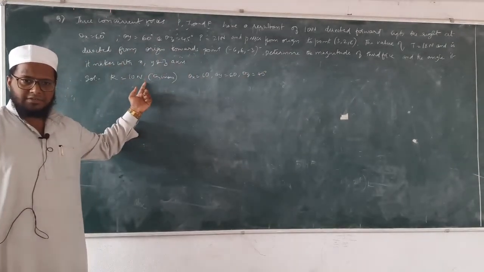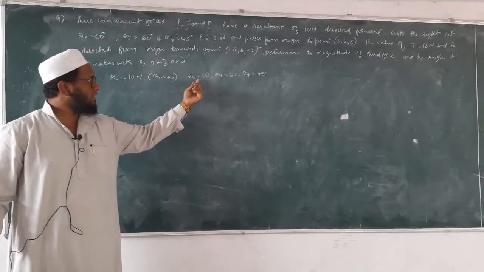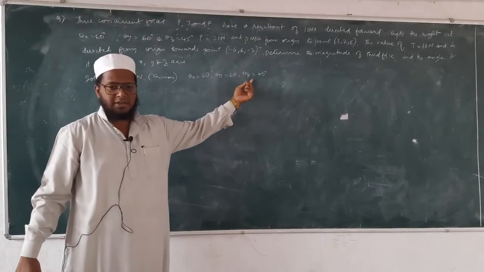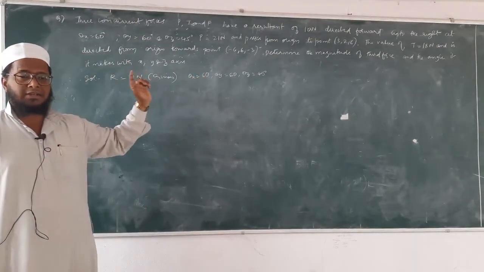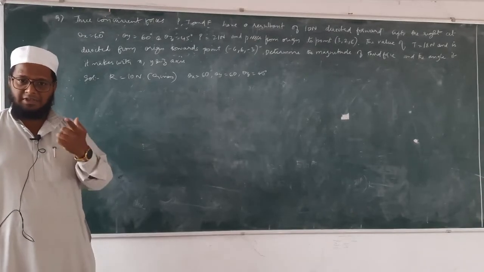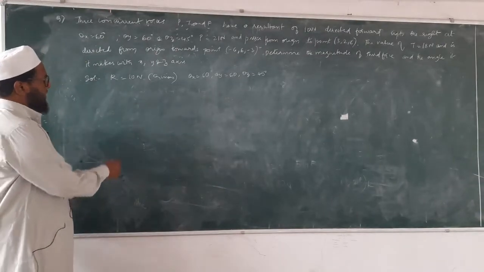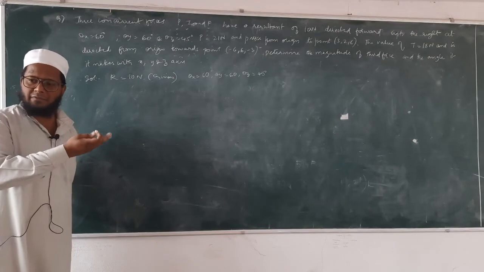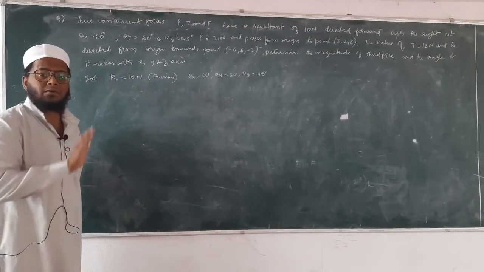So the resultant makes an angle of 60 degrees with the x axis, 60 degrees with the y axis and 45 degrees with the z axis. Now how to calculate its components? Just turn back and see. We used one formula: Fx by cos theta x is equal to Fy by cos theta y is equal to Fz by cos theta z is equal to F.